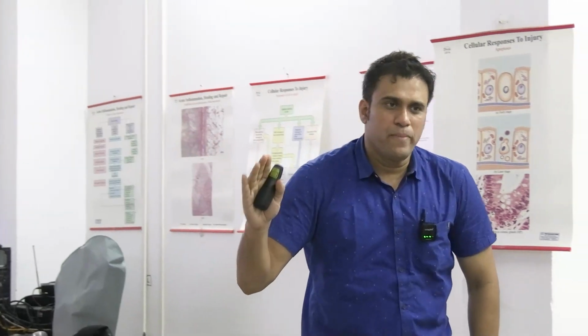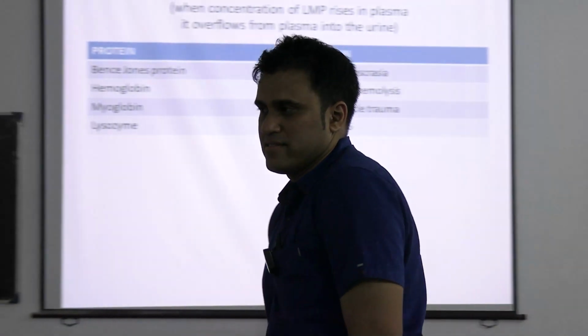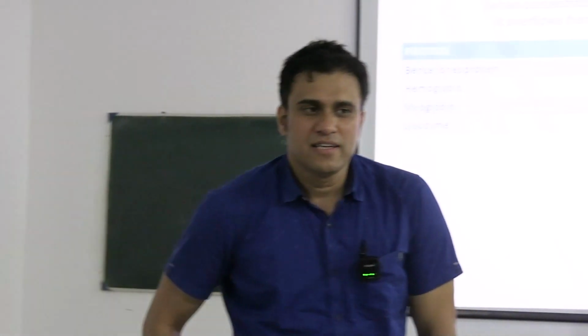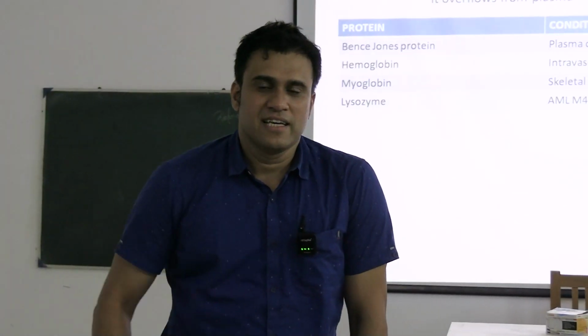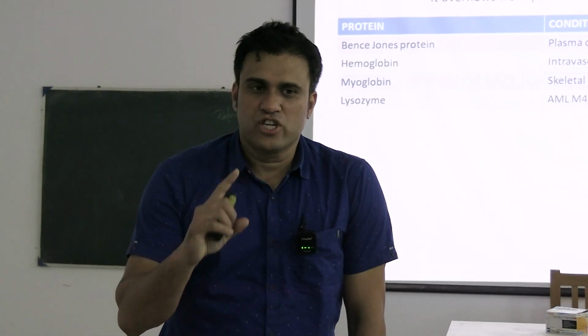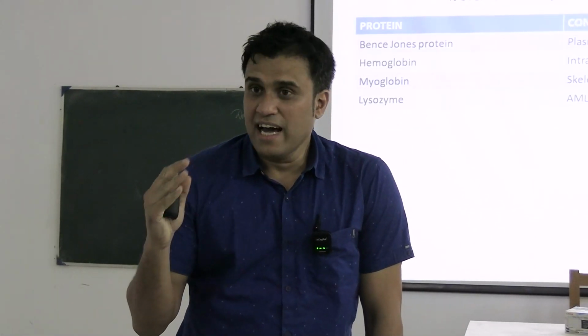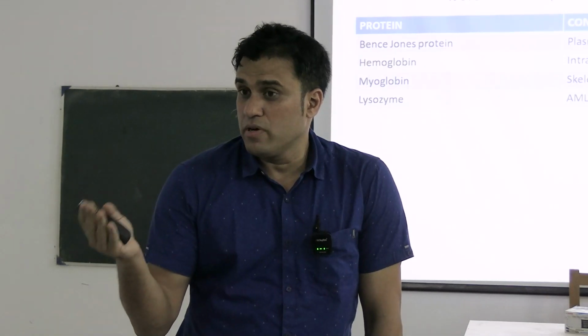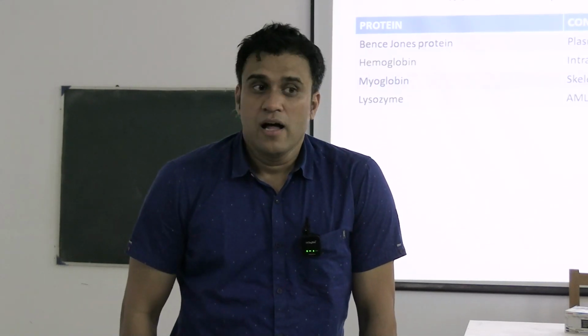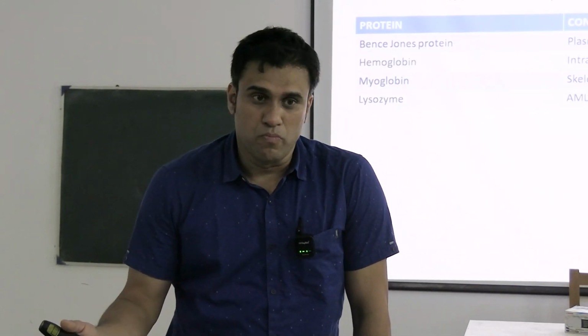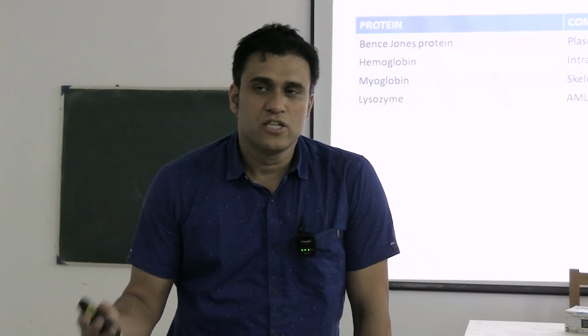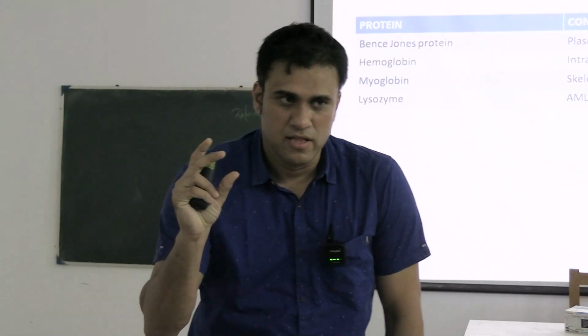Which is the most common? Bence-Jones proteins. What is Bence-Jones protein? It's immunoglobulin light chain, kappa or lambda, right? What kind of chain is it? Light chain. What kind is it, neoplastic or non-neoplastic? Neoplastic. So it's monoclonal.